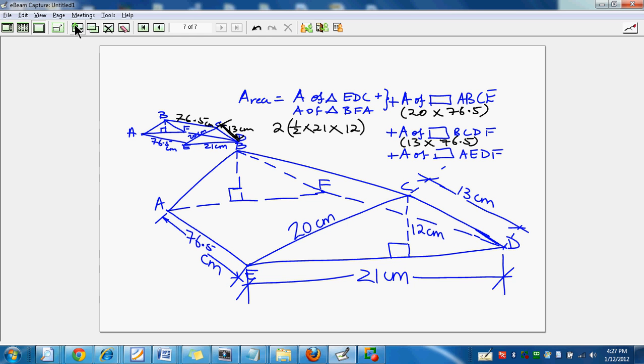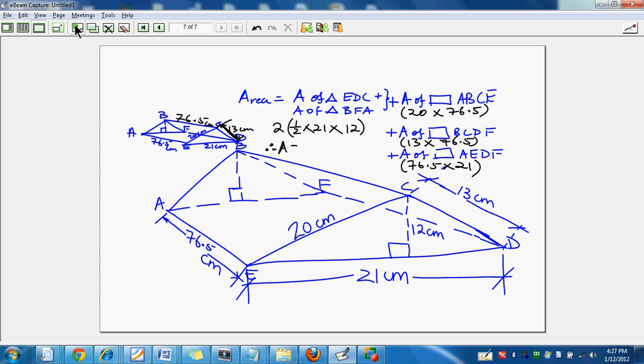And then to get the last one, which is the base, the bottom, AEDF, that big bottom area there, you'd use length by breadth again, which would be AE by EB, which is 76.5 by 21. So we could write that in, 76.5 by 21. And what you'd find is if you work that out and add each one in turn together, you would get a total area.